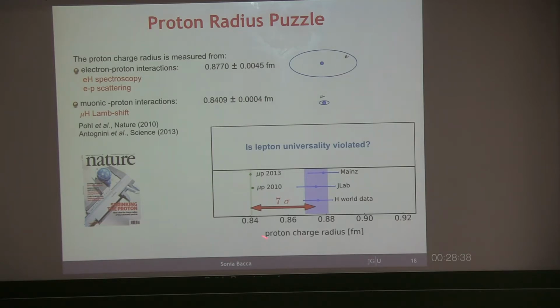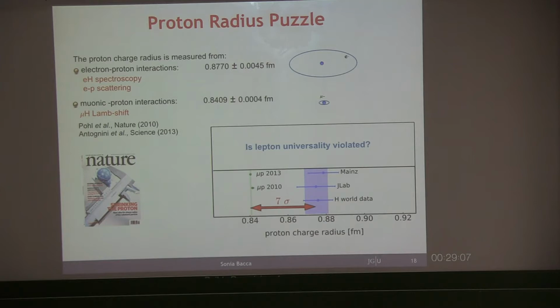It's shown here. Here you have the results from the muonic atom measurements, muonic hydrogen, I should say. And here are the results from the electron-proton system. They were very different, a 7 sigma deviation. That's quite significant, and that's what got everyone excited, because it could have been an indication that lepton universality is violated.